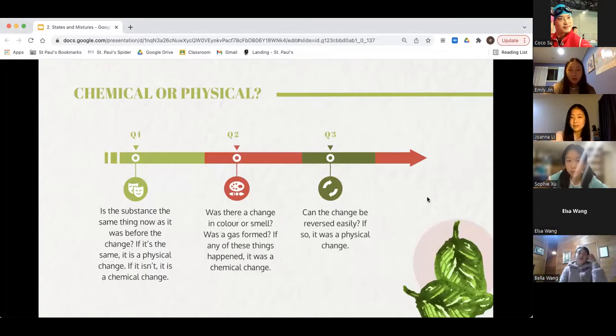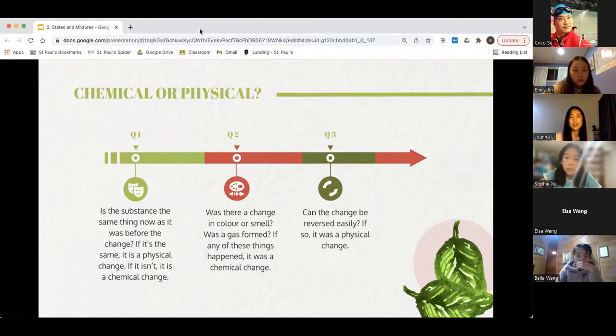So now we're going to be investigating how we determine whether a change is chemical or physical, and we ask ourselves these 3 questions, pretty straightforward. We're going to apply this to a set of different types of changes for you guys to hopefully identify and use these concepts.